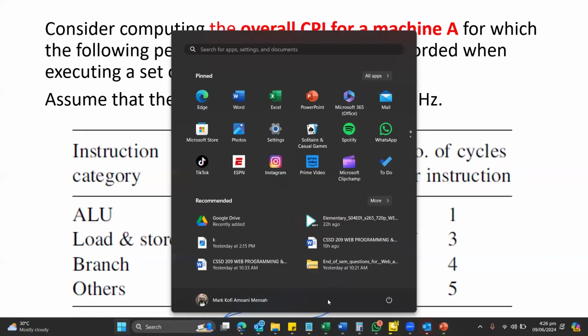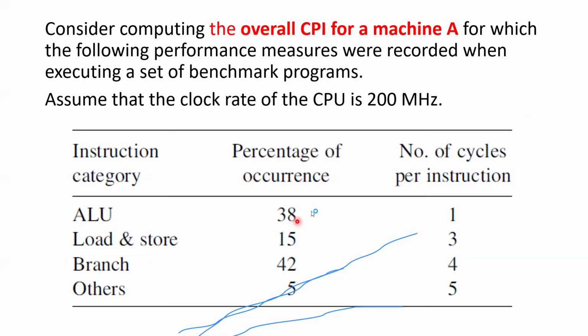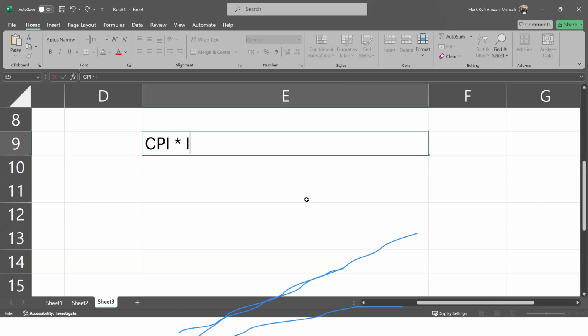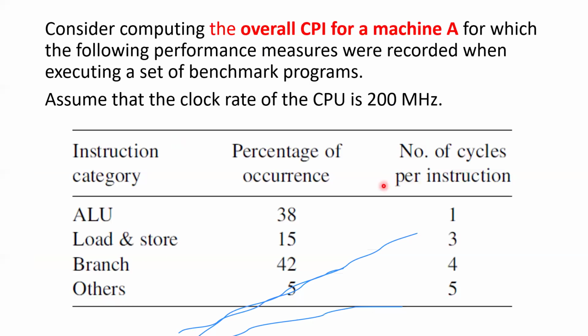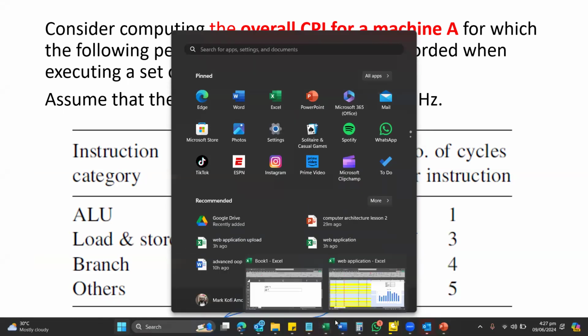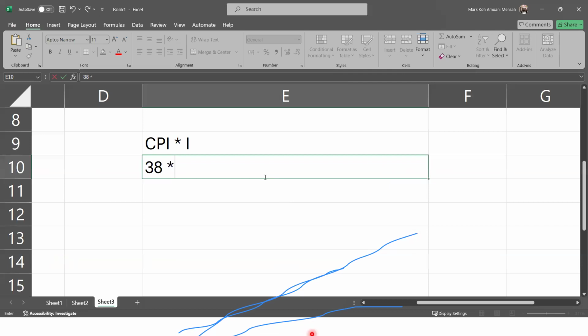So back here, I have 38 times the cycles per instruction which occurred, which is 1. So here I have 38 times 1.